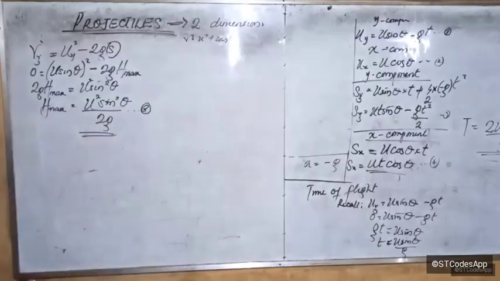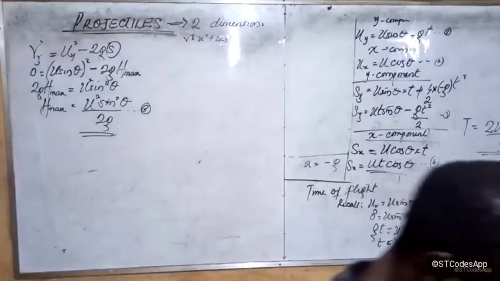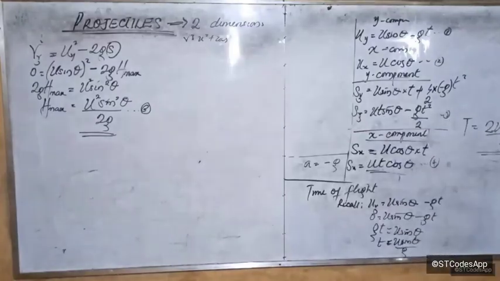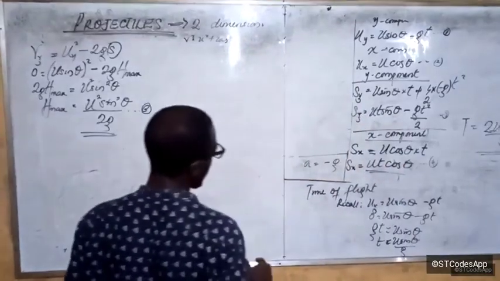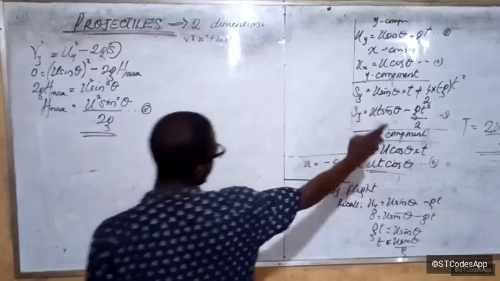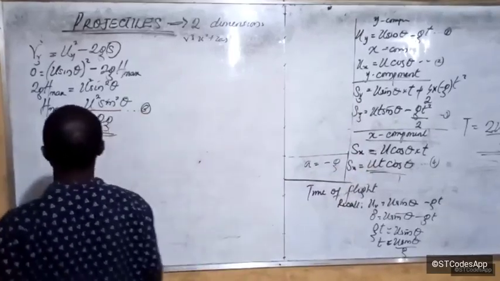Alright, so how about the formula for finding the maximum range? We've talked about the fact that we would also need to evaluate the range of the equation. Now, since maximum range is on the x-axis, it means we'll be using this equation.